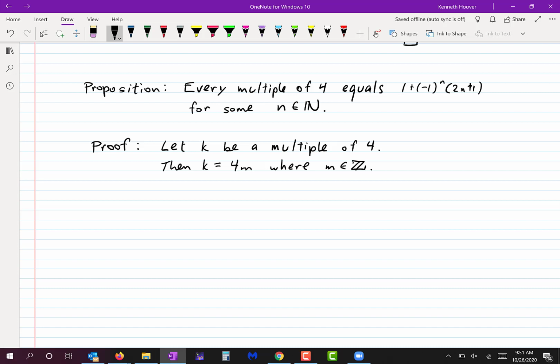But let me try to explain a little bit of why we are going to do this in different cases. Well, do you have any idea right now how you would get 4m to equal 1 times -1 to some power times 2 to whatever that power was plus 1? There's no connection at all between those two things.